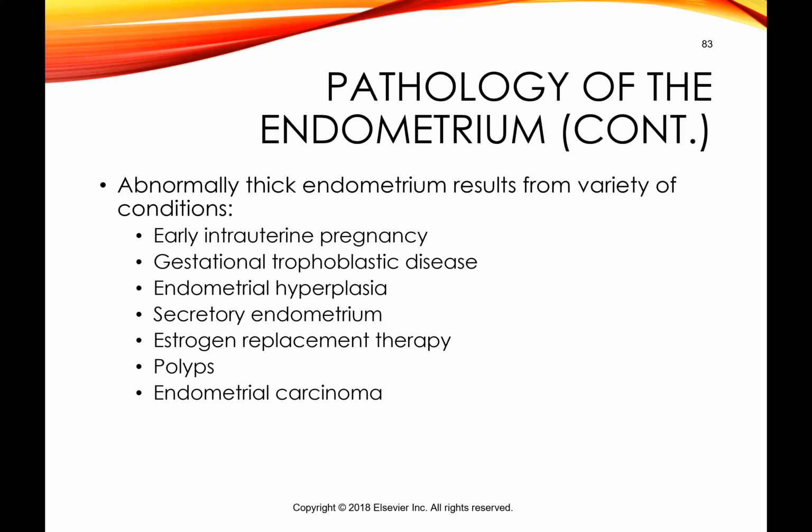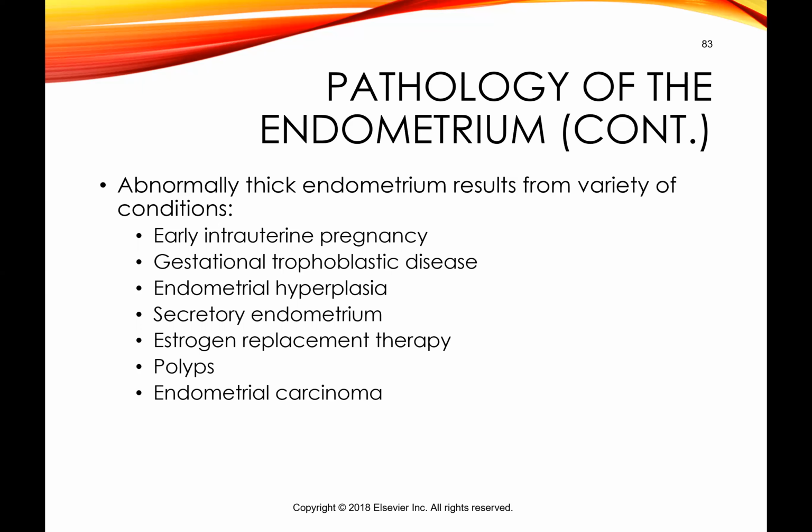So, some pathology of why the endometrium could be extremely thick. Now, I know that our cutoff is 14 millimeters of endometrium. If it's greater than 14 millimeters, it's considered a thickened endometrium. So these are some reasons why it could be abnormally thick: in early pregnancy, if a patient has gestational trophoblastic disease, endometrial hyperplasia.